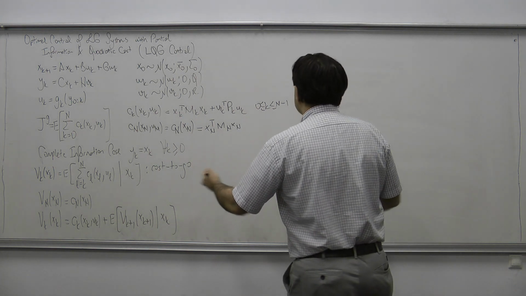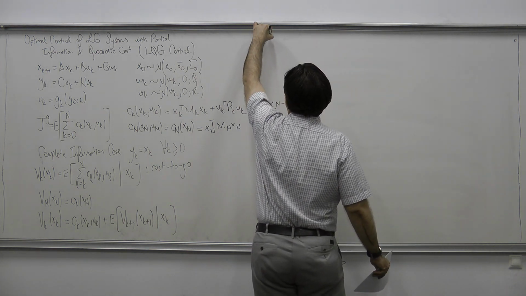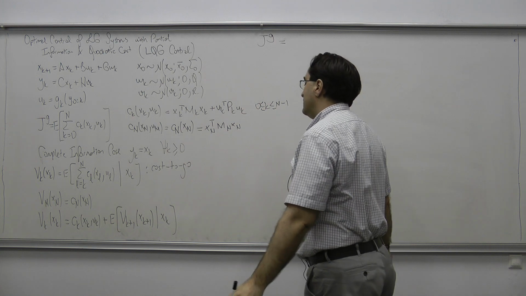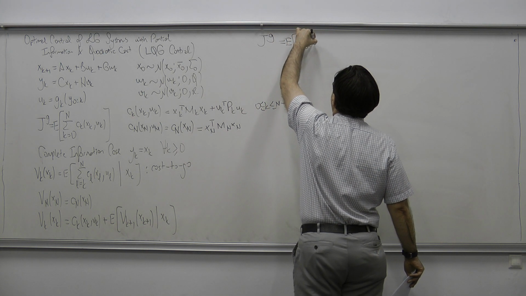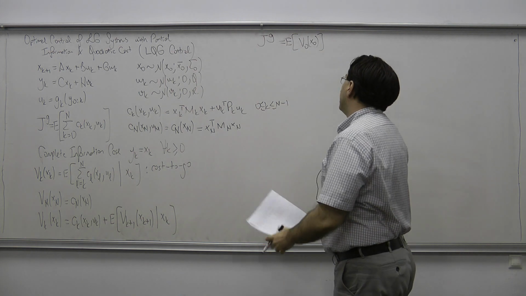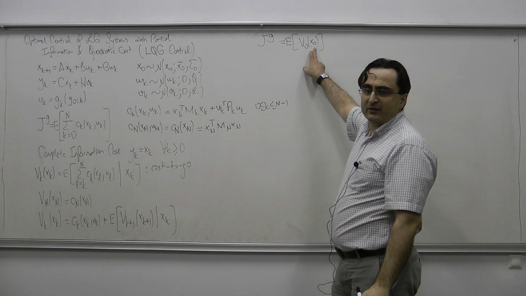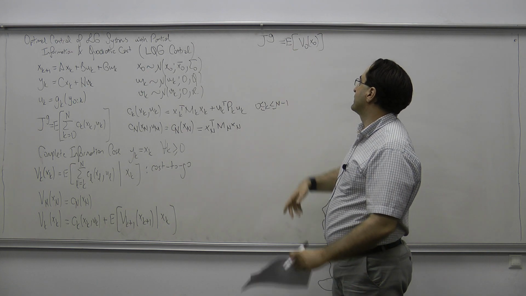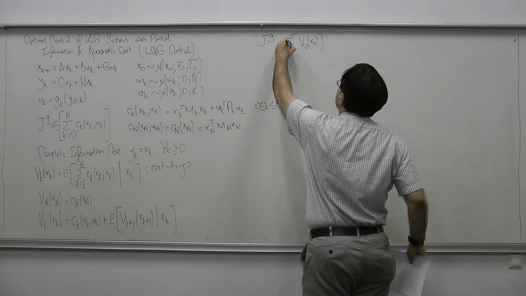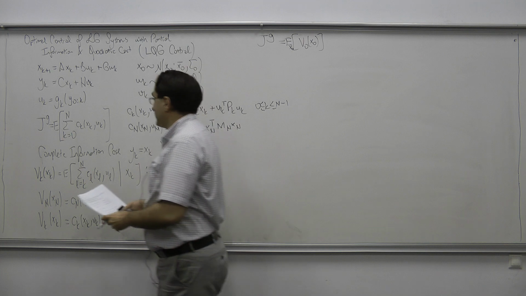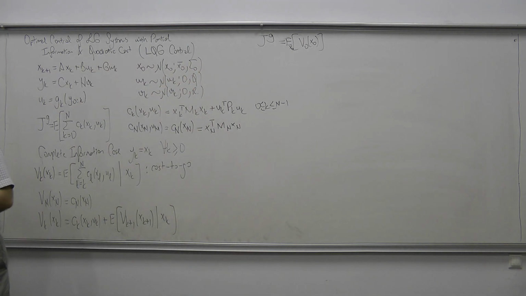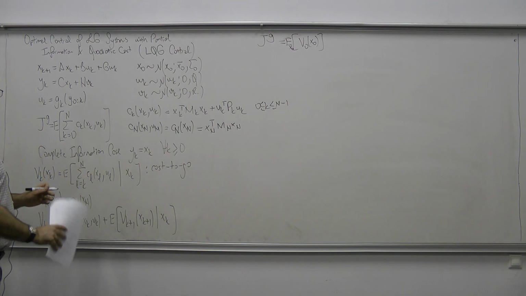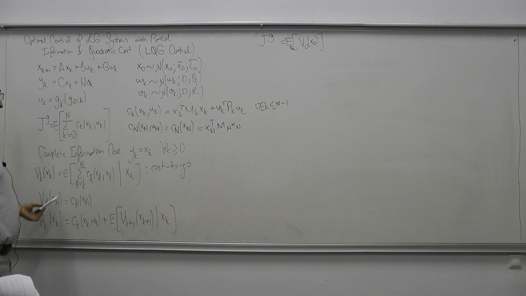And then we could calculate this Jg as the expected value of V0 of x0. Of course, here this function is only dependent on x0. That means that I need to take expectation with respect to x0, with respect to this initial distribution. So we start by calculating Vn first.